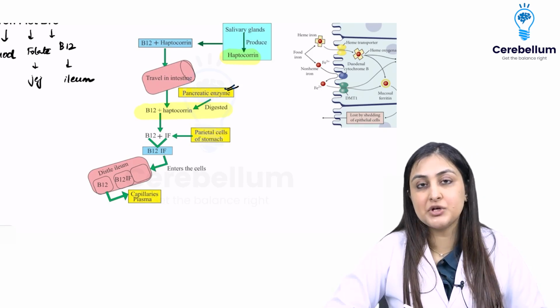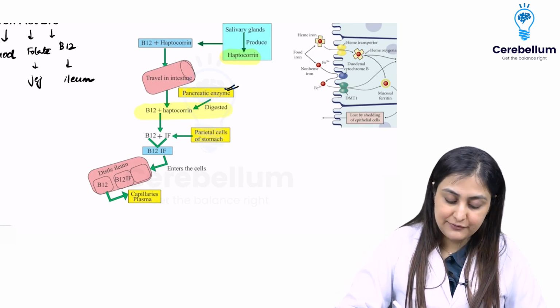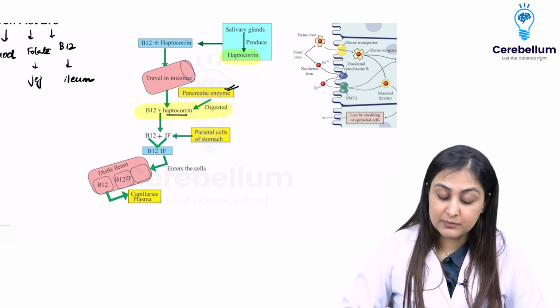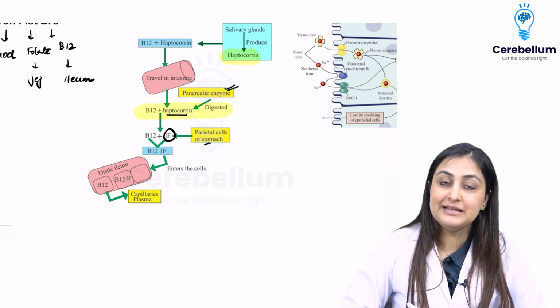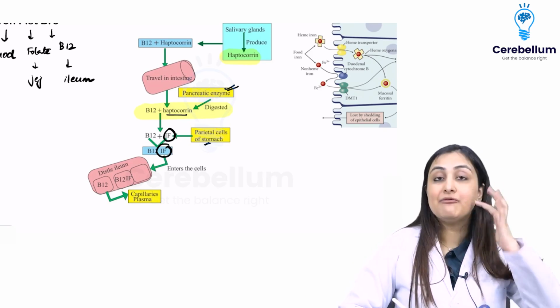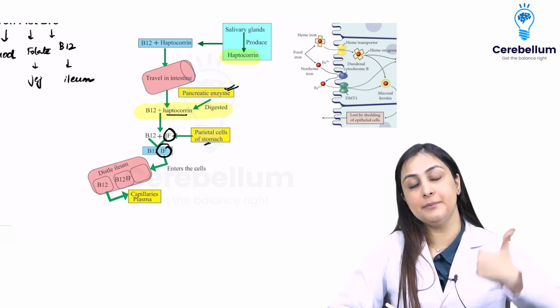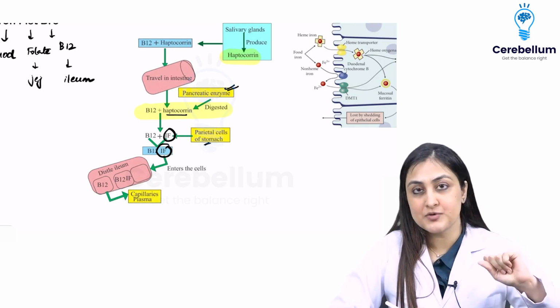In pancreatitis, B12 absorption can be affected because haptocorrin cannot be removed. Once haptocorrin is removed, the intrinsic factor from the parietal cells will bind to B12, and with intrinsic factor you will have B12 absorption in the distal ileum. So what do I see here? If there is pancreatitis, B12 absorption will suffer.